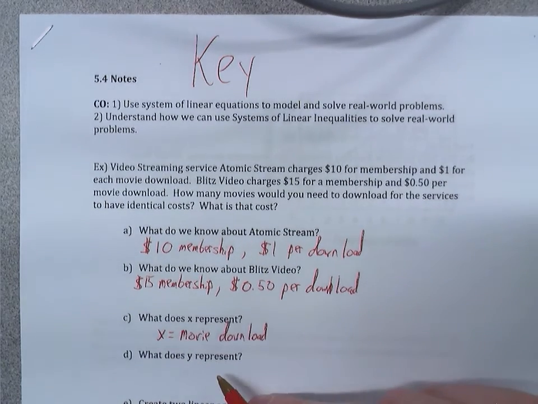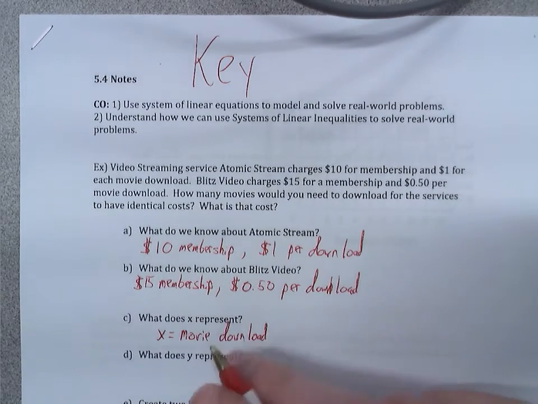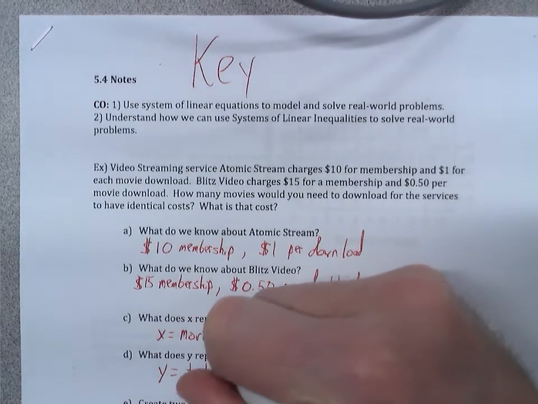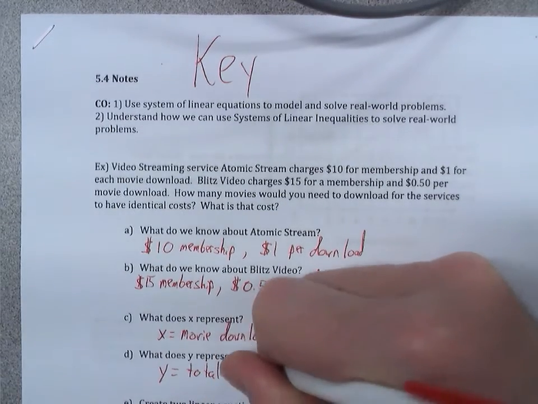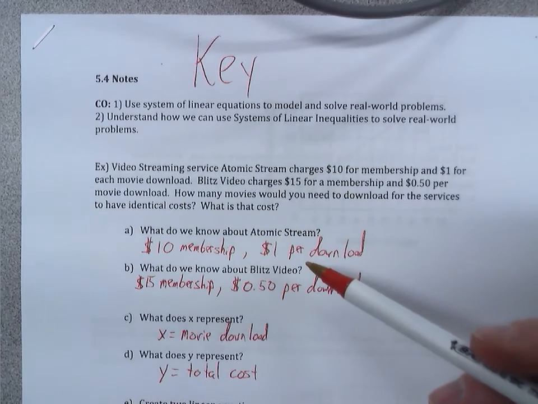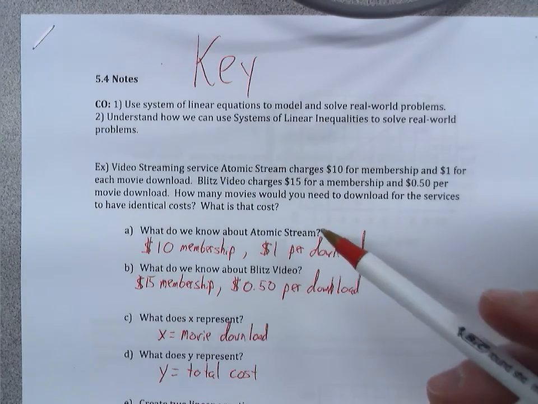Then the question is, what does Y represent? That's a more difficult question. Y would have to represent the total cost of a membership plus however many downloads somebody does in a month or a year, whenever this cost is.